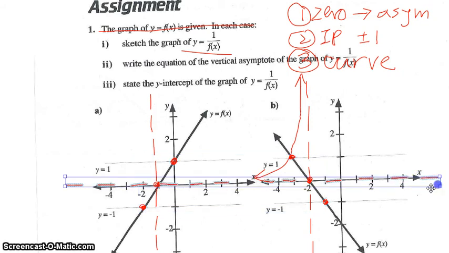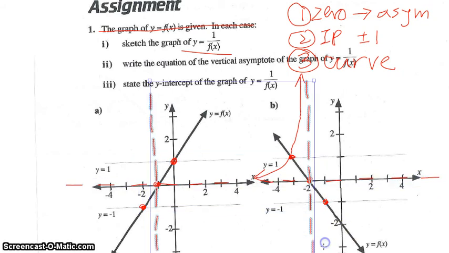And same here. The asymptotes divide your whole plane into four quadrants. The other two quadrants have nothing there. The region that has your invariant points is where you want to join the dots.